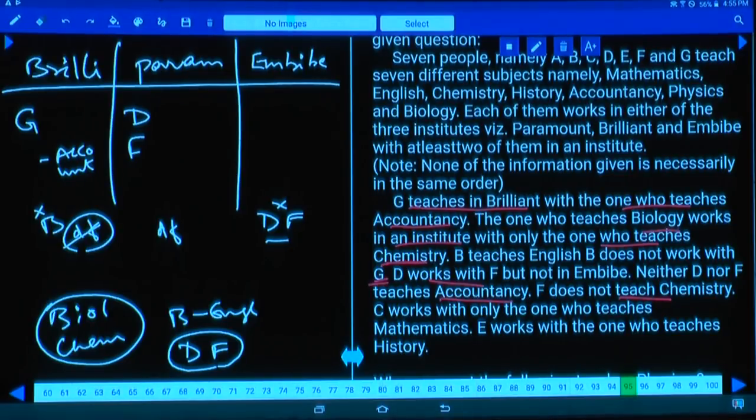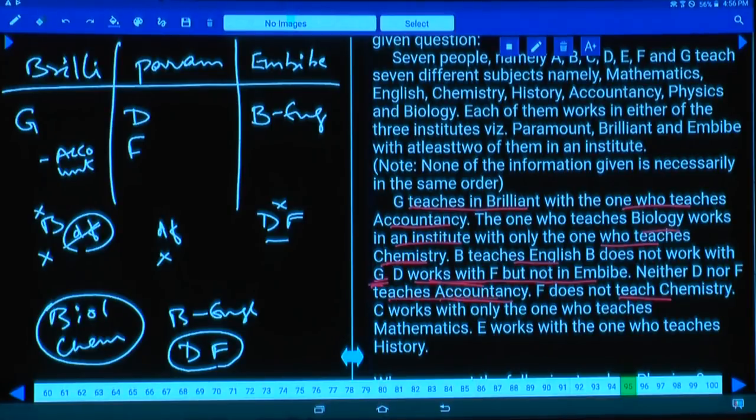If D and F are here, then the other persons here are biology and chemistry. B teaches English, and B does not work with G, so B cannot be here with D and F. Hence B must be here, and B must teach English. D works with F, but not in IBPS.